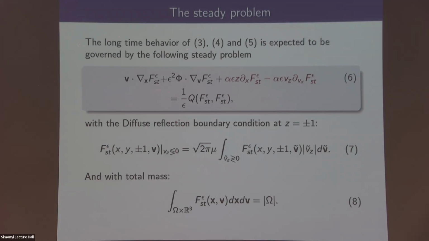So long-time behavior is expected to be governed by solutions to the steady problem that we call F_ST, with the diffuse reflection boundary condition that you have here, and then you have the total mass set equal to what it would be in the non-steady case. This is a conservation in the unsteady case, and you have to enforce it here as a parameter of the problem.